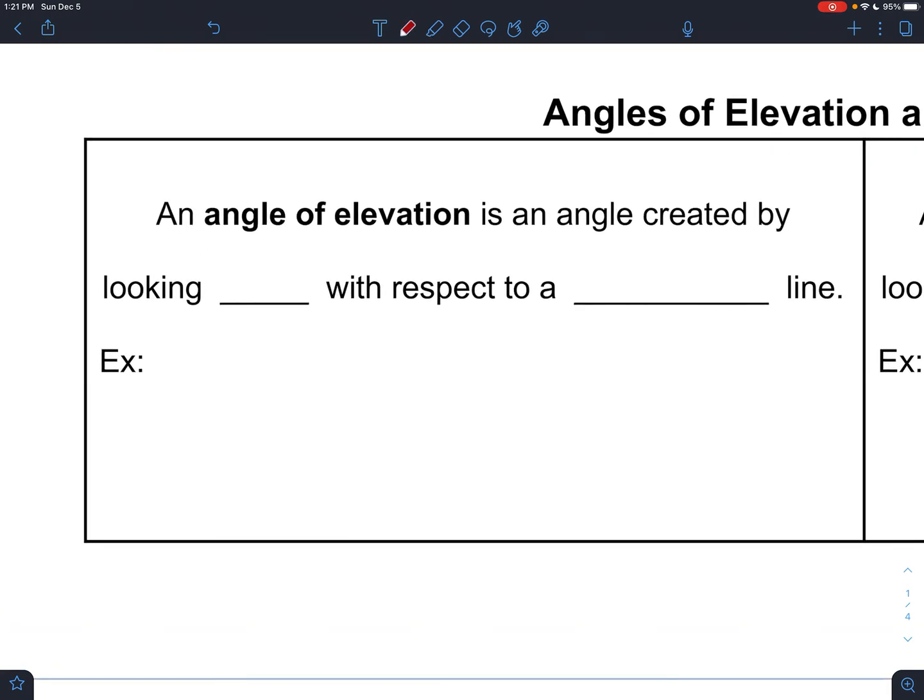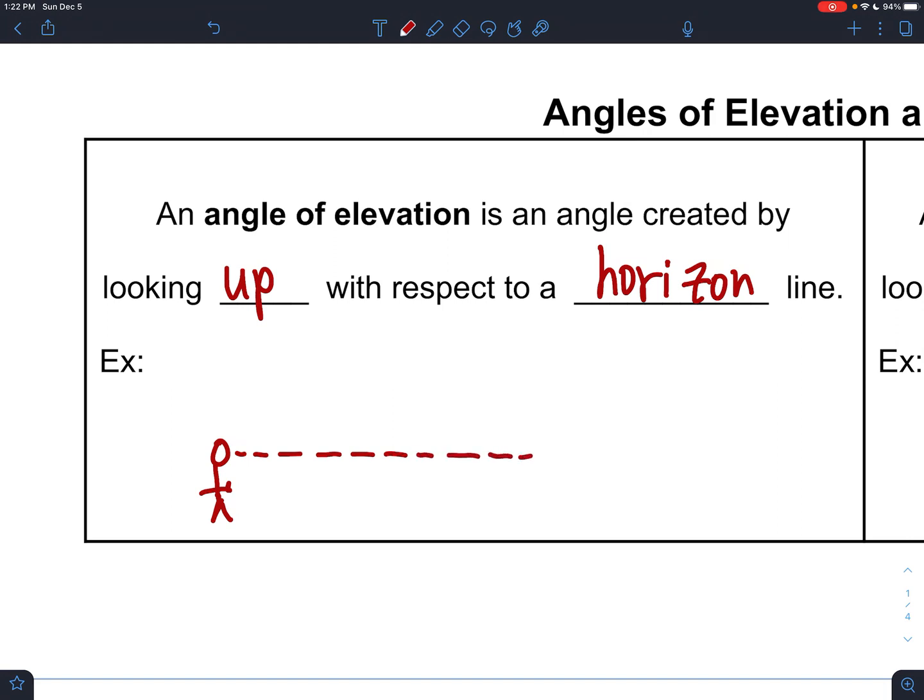Okay. So angles of elevation and depression. An angle of elevation is created by looking up with respect to what we'll call a horizon line. Think of the horizon at sunset, that kind of horizon, a horizontal line.